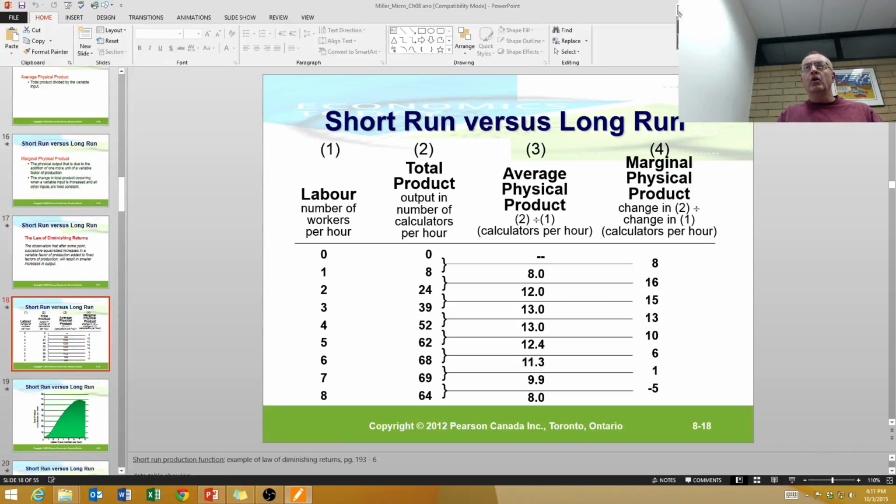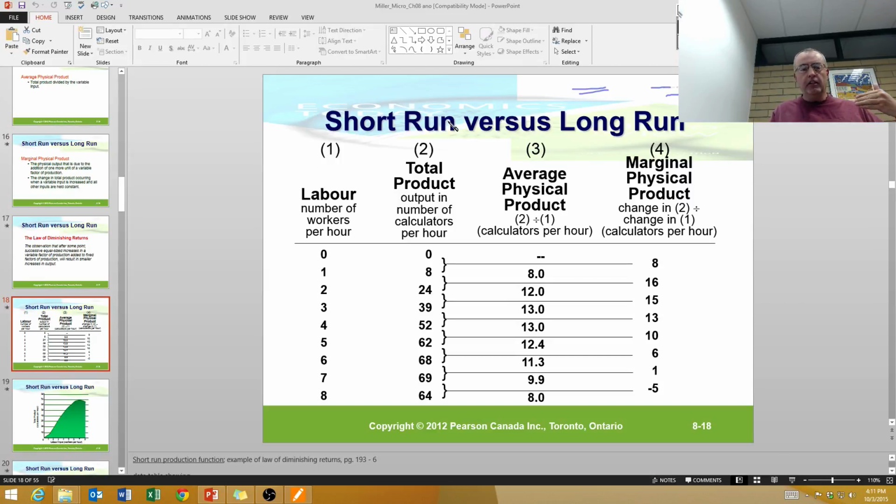Okay, so we want to illustrate how the concept of diminishing returns works. We're going to draw a table of data, and then plot the data to show that as we use increasing units of input, physical output follows a pattern.